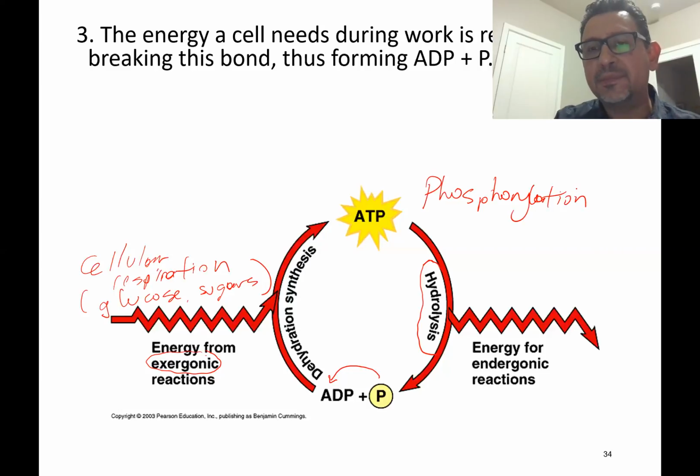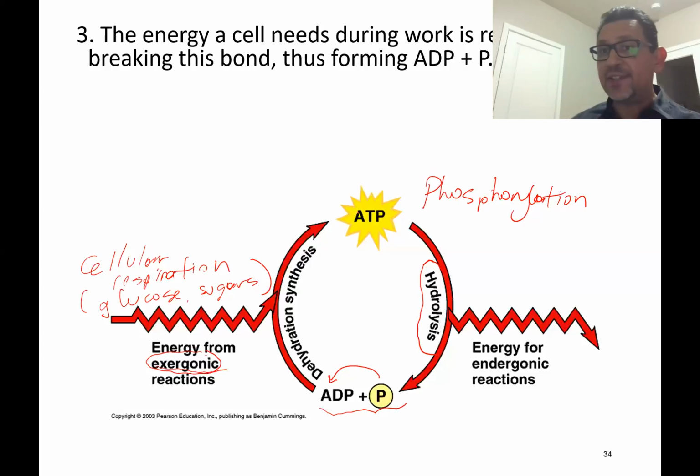There's the word again. And now the cell did the work and ATP was converted to ADP plus P. Not to worry, because the cell can recharge this again, can energize the two reactants, adenosine diphosphate and phosphate, using energy from cellular respiration, exergonic reactions, and turn this again into ATP.